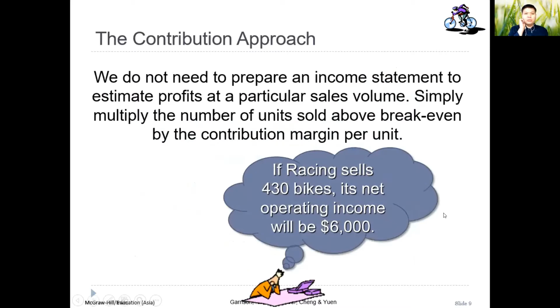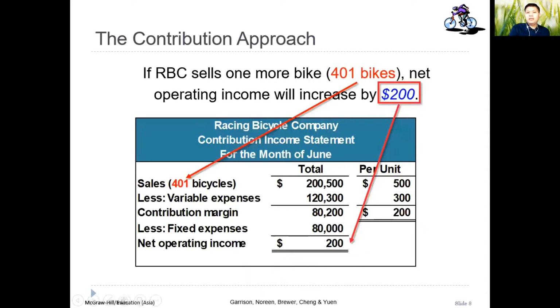Okay, so it says here, we do not need to prepare an income statement to estimate profits at a particular sales volume. Simply multiply the number of units sold above break-even by the CMU. Like for example, if Racing sells 430 bikes, its net operating income will be 6,000. Going back, how many were our break-even sales earlier? 400.